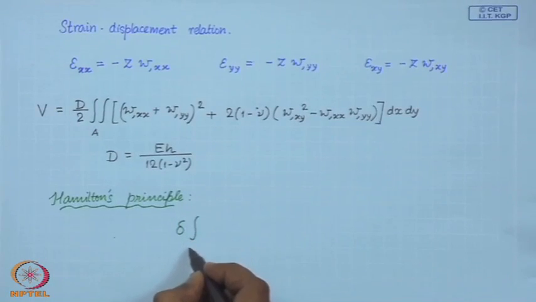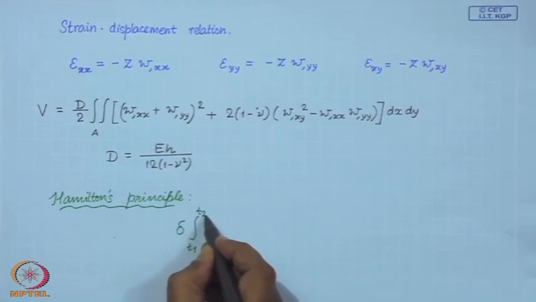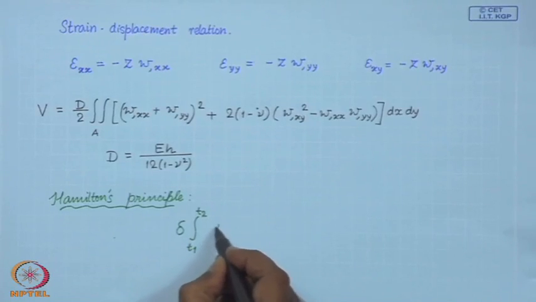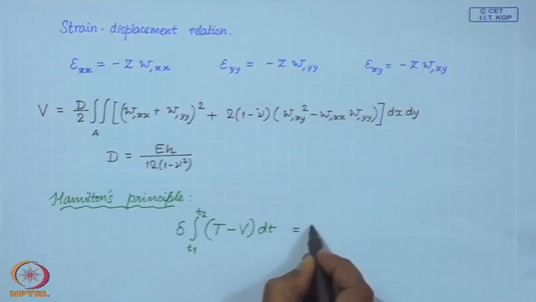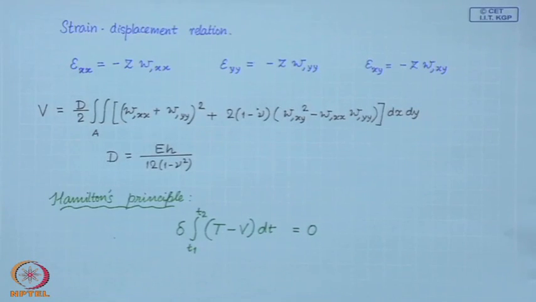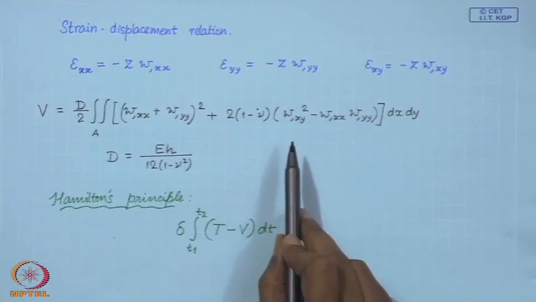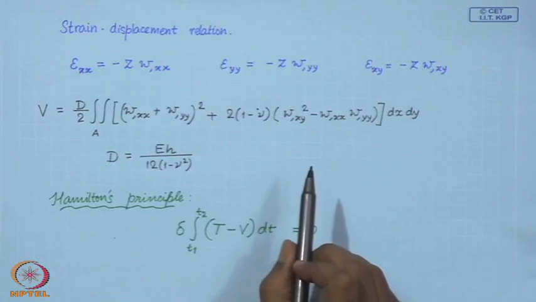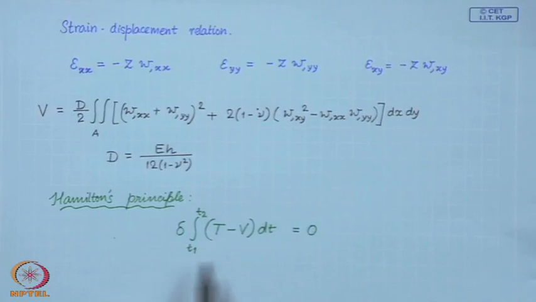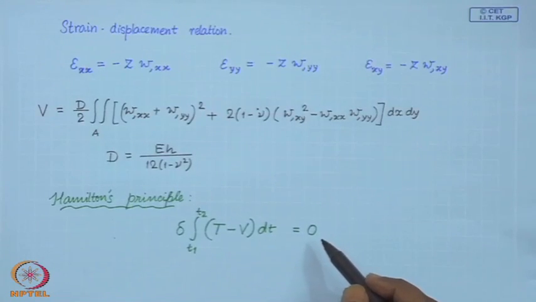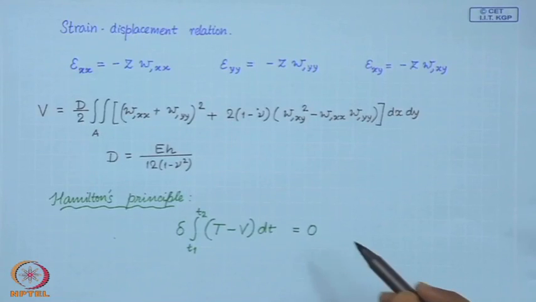So, Hamilton's principle says that this variation must vanish. So, we have these expressions of the kinetic and potential energy, and if you want to derive the equation of motion, then you must follow the procedure that we have discussed in case of other structural elements like strings, membranes, etc.